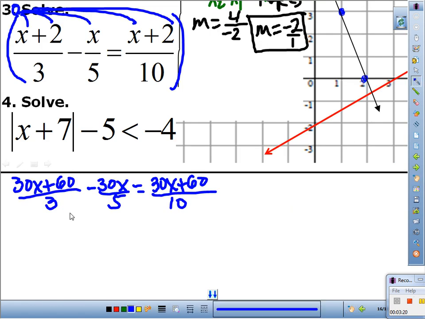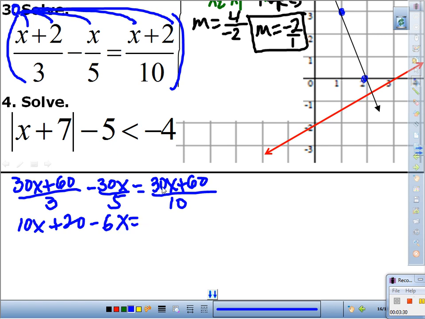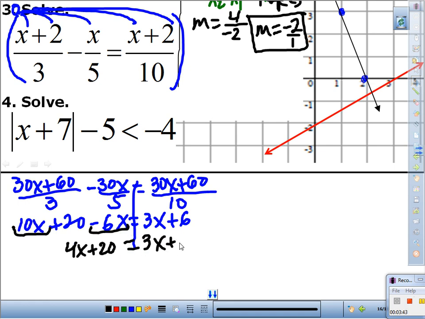Let's see. What is 30x divided by 3? That's 10x. 60 divided by 3, that's 20. Negative 30x divided by 5, that's negative 6x equals 3x plus 6. Are we there so far? Yes, Mr. Q. All right. Combine like terms. What is 10x minus 6x? 4x plus 20 equals 3x plus 6.